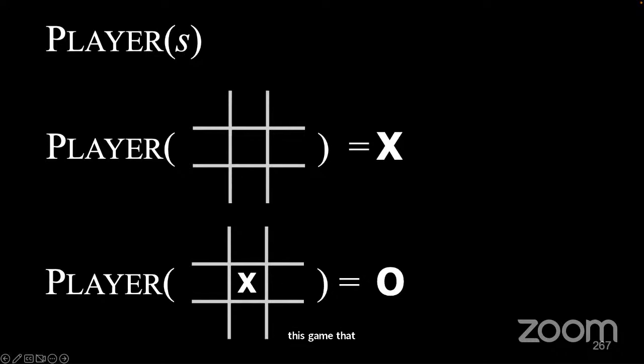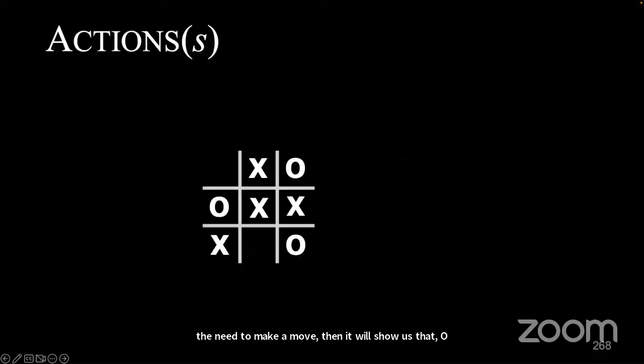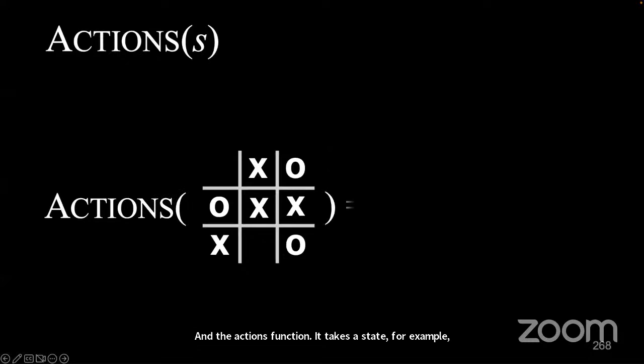And similarly, if we give this function a board where the O player needs to make a move, then it will show us that the O player needs to act in that particular state. And the actions function takes a state. For example, this is a particular state of the game.